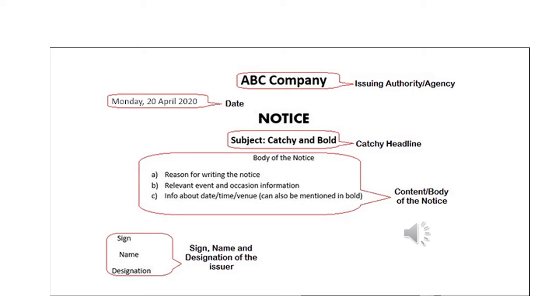Then information about date, time, venue can also be mentioned in bold. On the bottom left comes the information regarding the person issuing the notice. This includes name and designation. So, this is the given format of the notice.